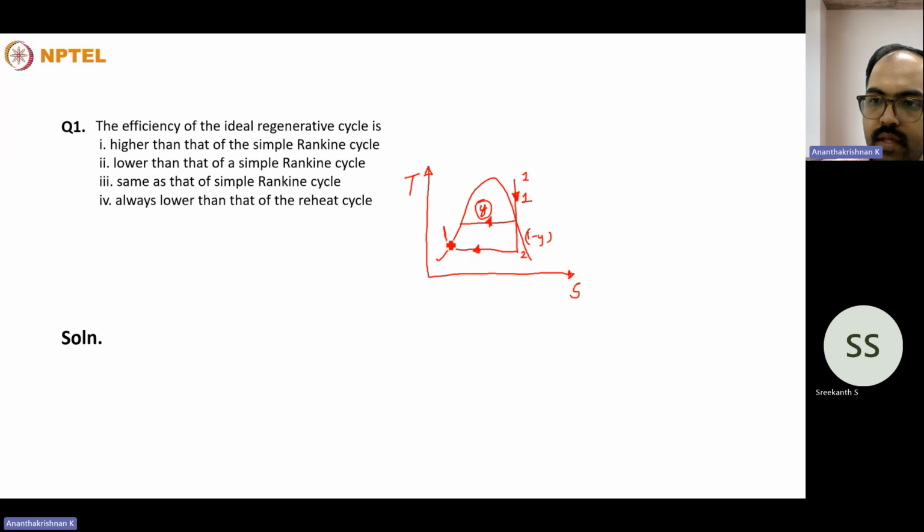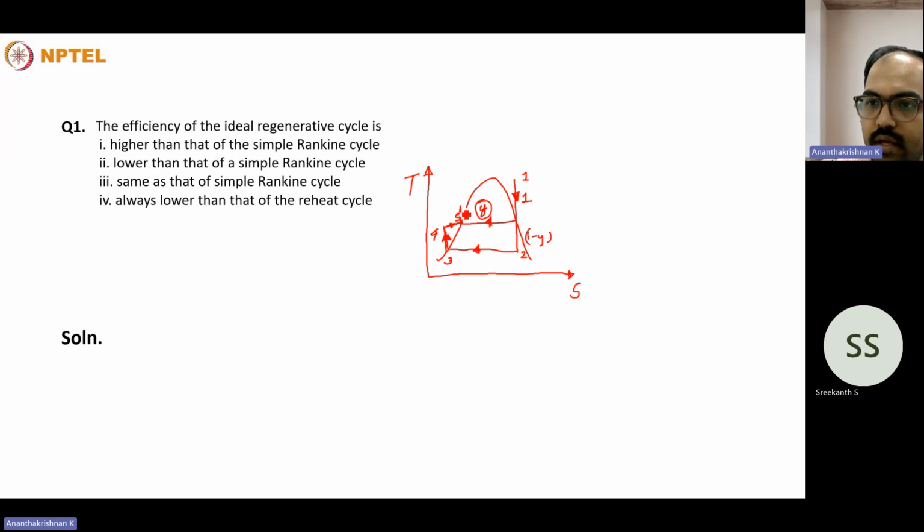That portion will be pumped, and these two mix together. Consider an open feed water heater where both the fluids mix together, forming a new state point. State points 1, 2, 3, 4, 5.